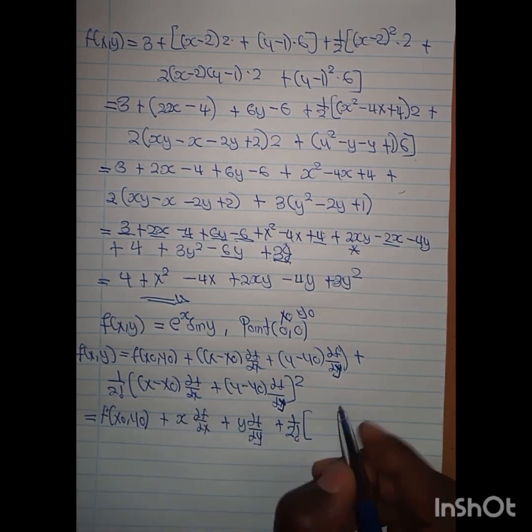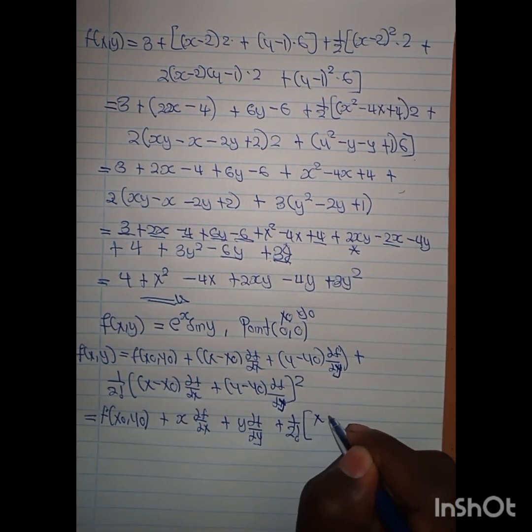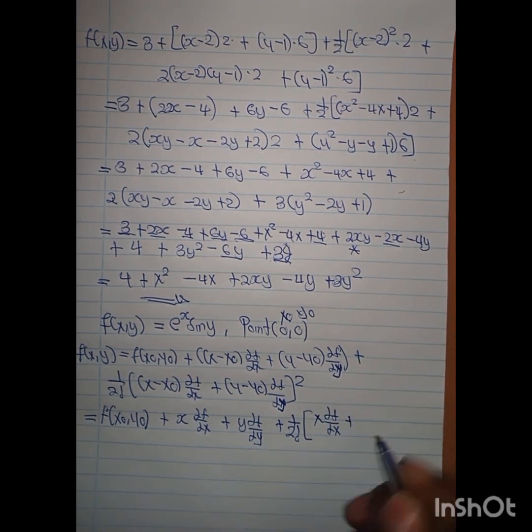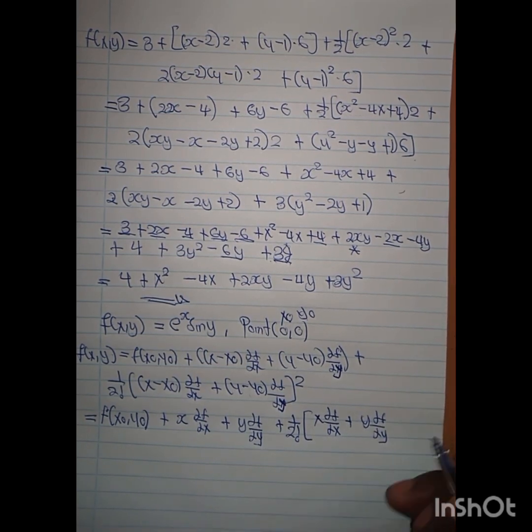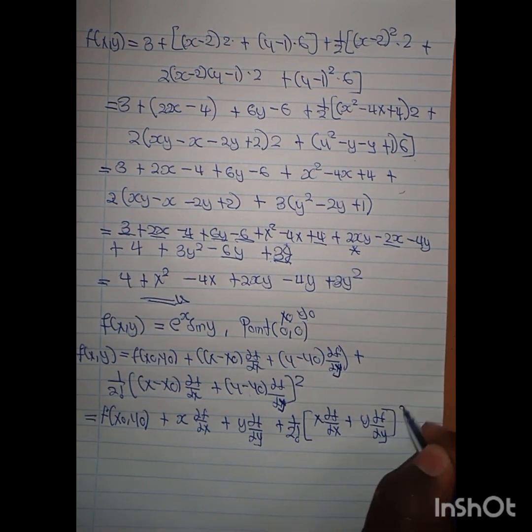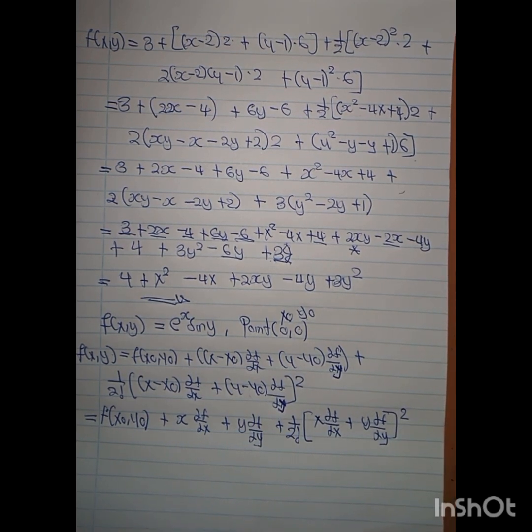X naught is a 0, it means now we have x df dx plus y naught is a 0, y df dy, and then all squared.